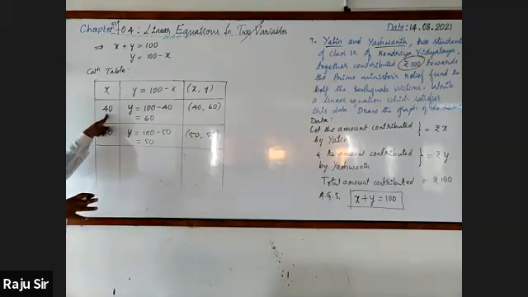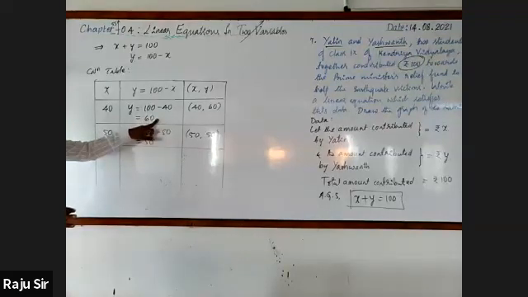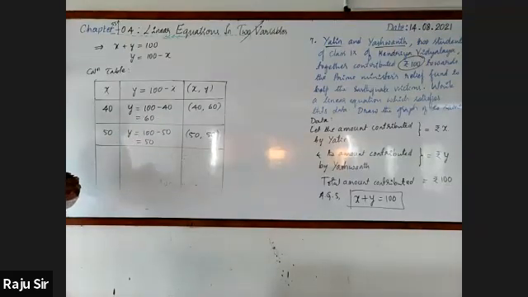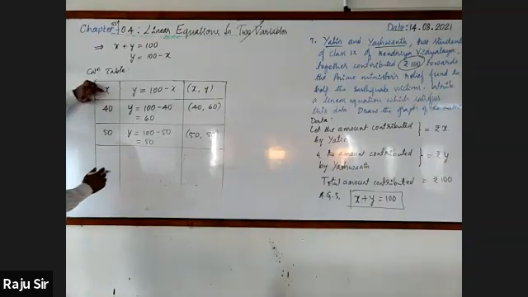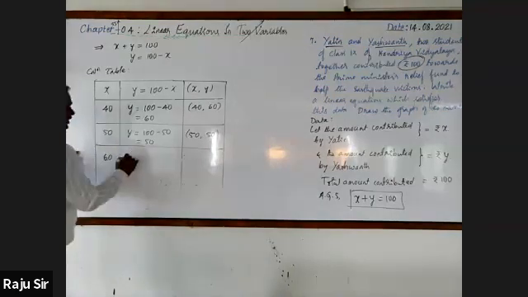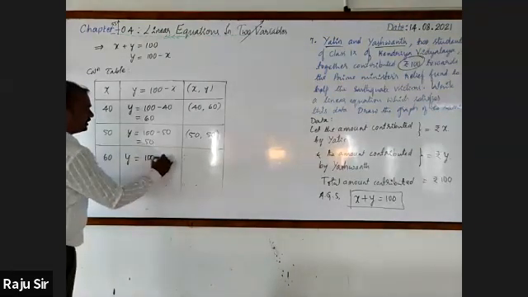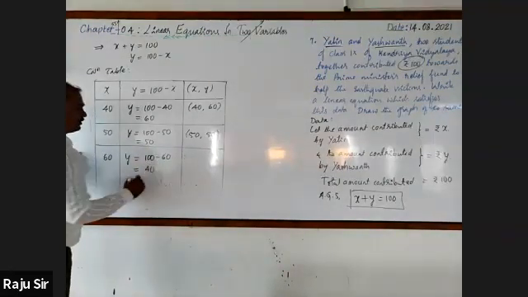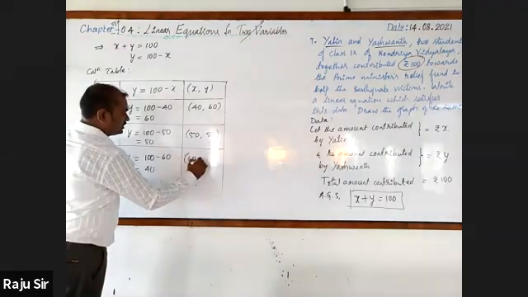See, in the first case, Yashwant has contributed more amount. Now, second case, 65. Third, 60 and 40. Y is equal to 100 minus 60, 40. 60 comma 40.